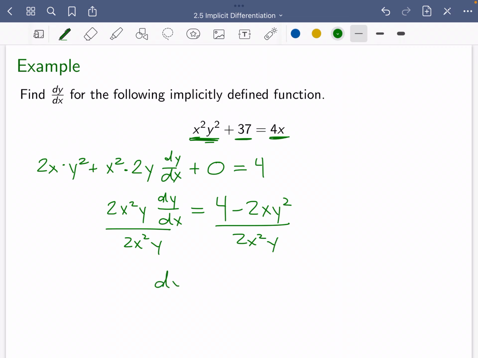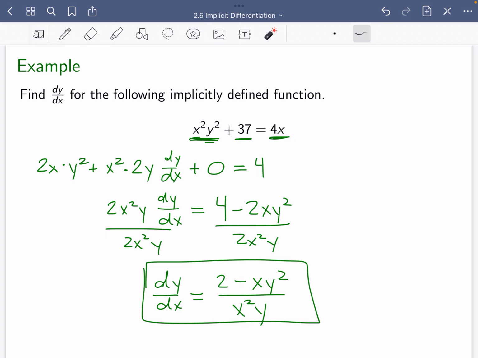So dy dx is equal to, we can call that 2 minus xy squared over x squared y.